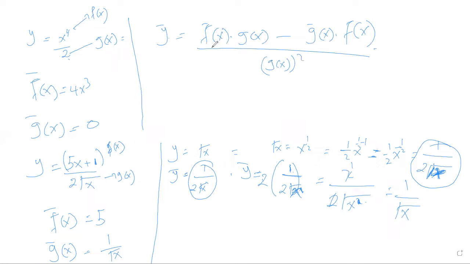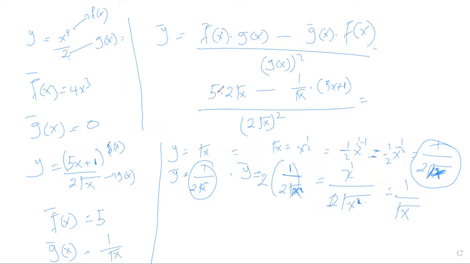This means the derivative of f of x we have 5, times g of x we have 2 root x, minus the derivative of g of x where I got 1 over root of x times f of x. f of x I was having 5x plus 1, divided by 2 root of x but square.